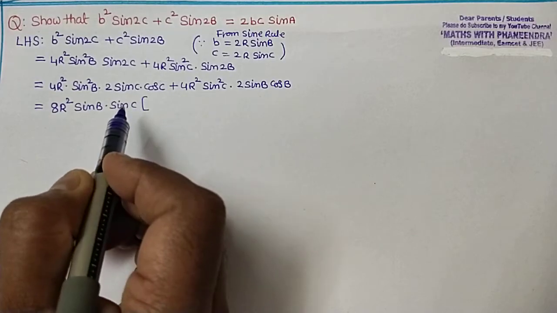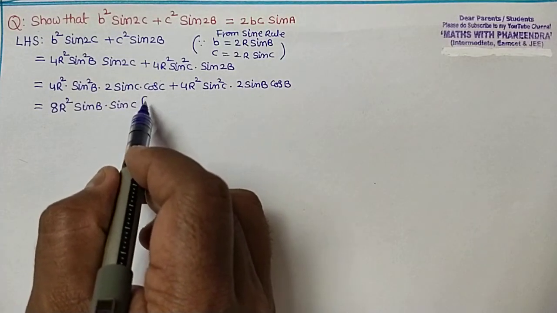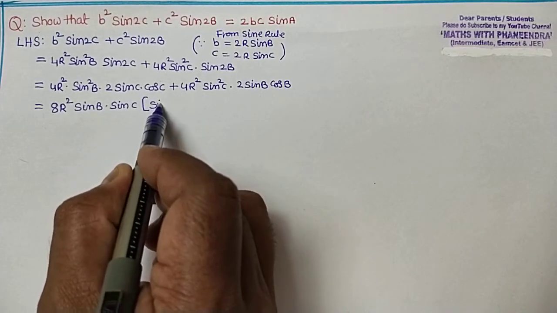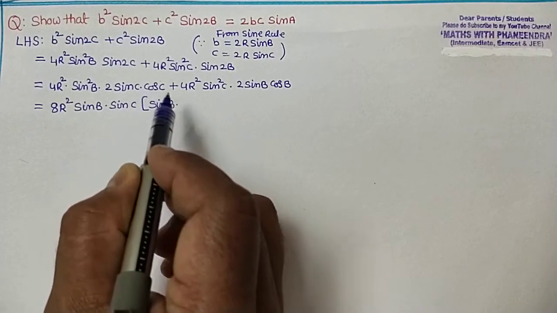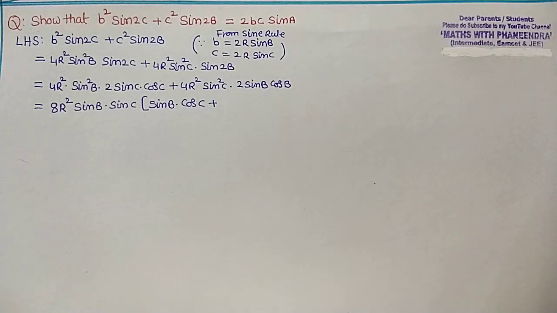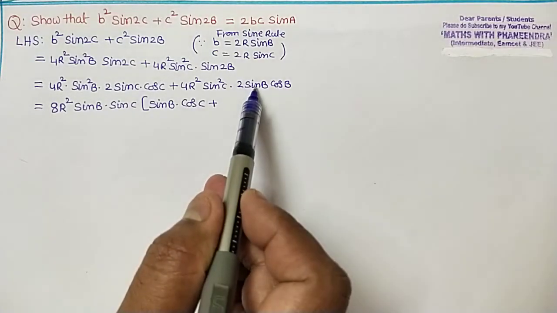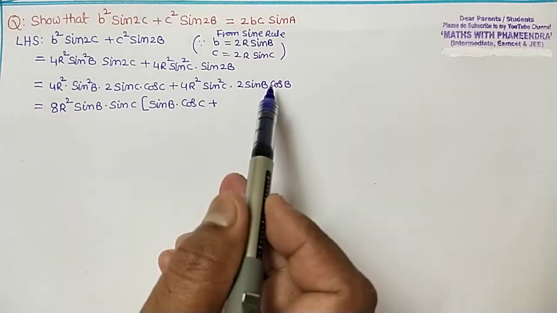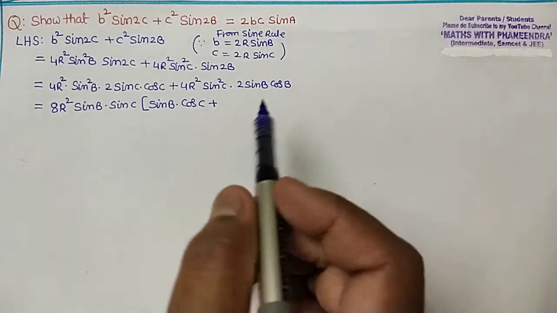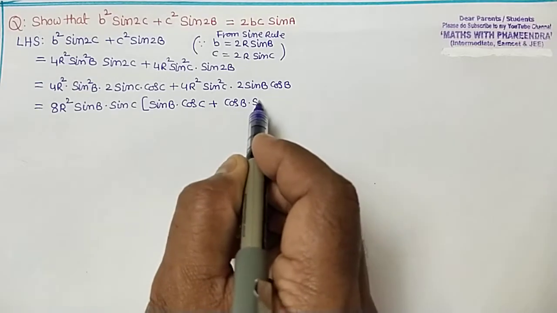So the rest of the terms, here one sin B is going outside, we will get sin B, after that remaining is cos C, plus 8R square sin B is over and sin C is over, remaining is sin C and cos B. So now cos B into sin C.